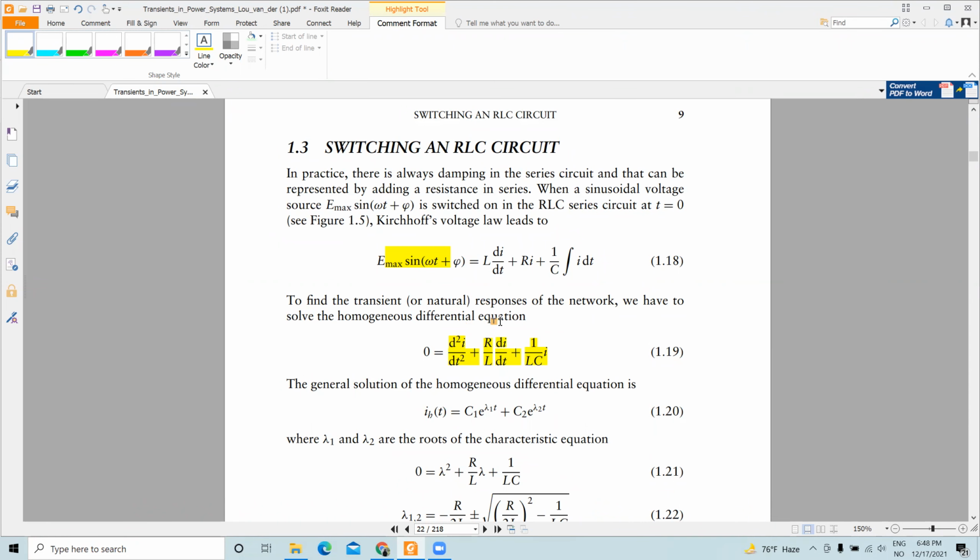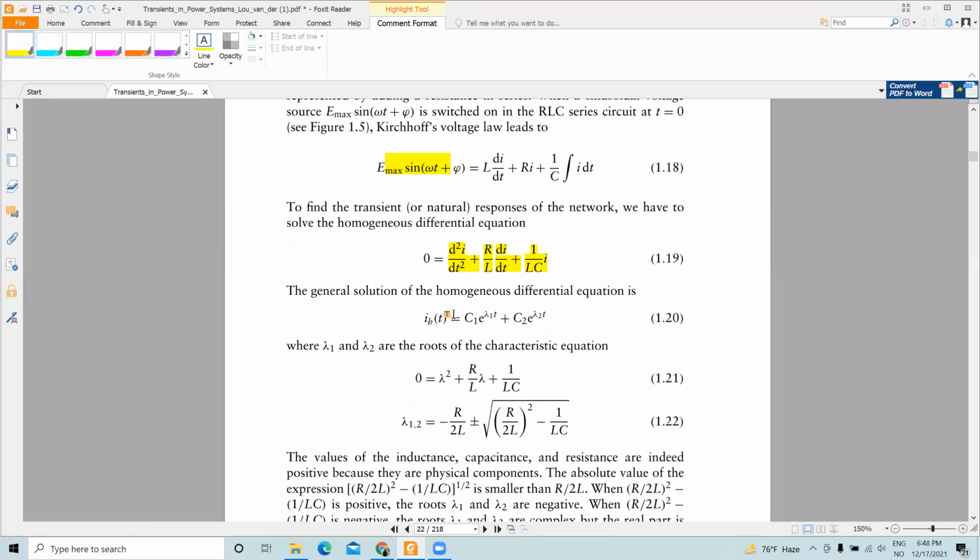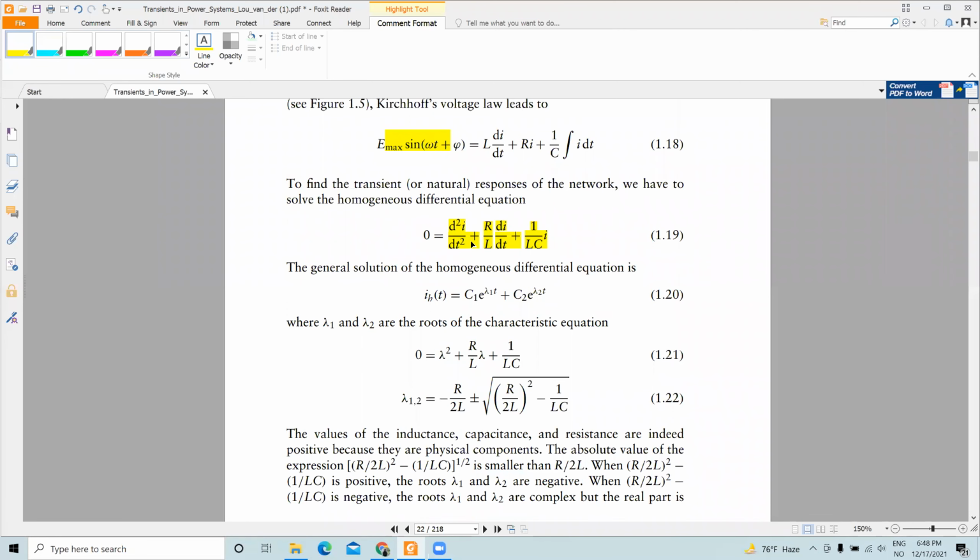That will give you the transient response. This homogeneous part you can write as a quadratic equation, and if you solve this quadratic equation, you get the roots, like R by twice L.